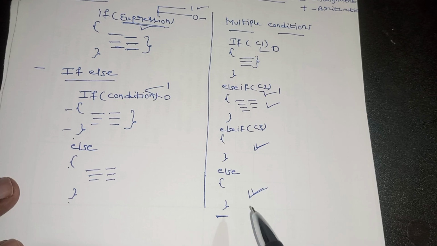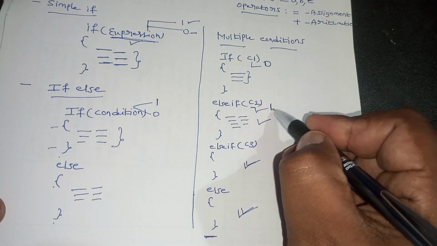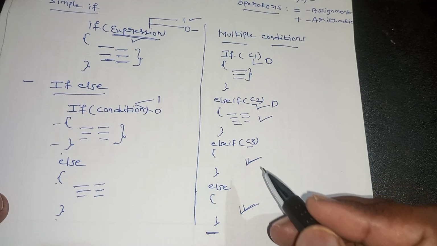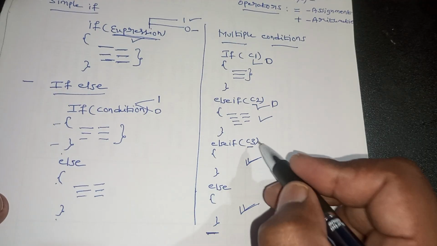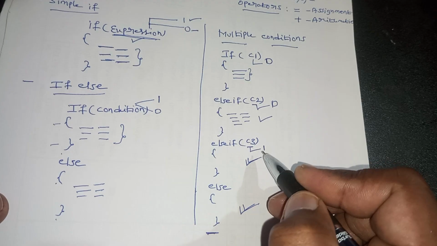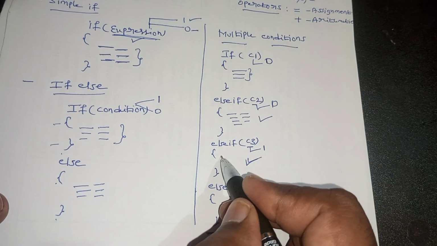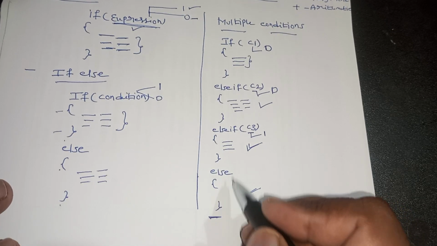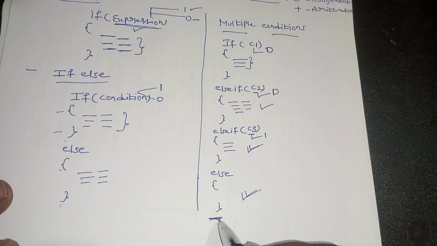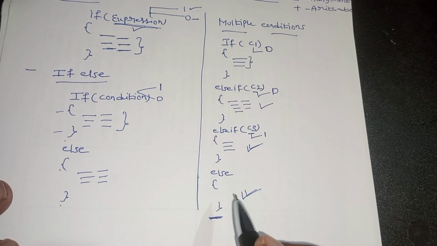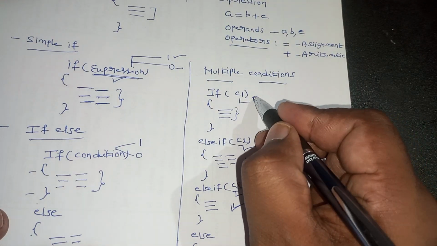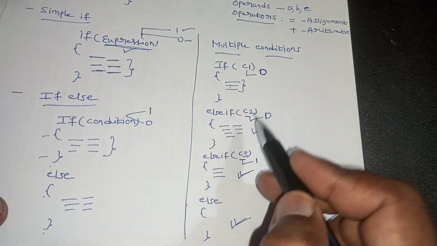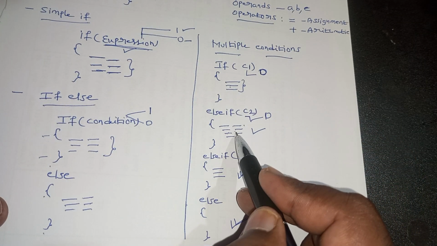For example, if the condition is 0 here also, then I have to check this condition. If the condition is true, it means 1, then you have to execute these statements. Then don't go here, directly come out of the entire if else blocks. Assume the condition is 0, don't execute these statements.